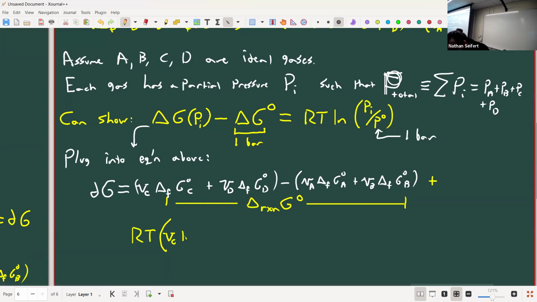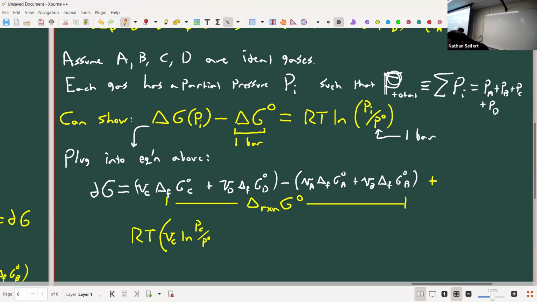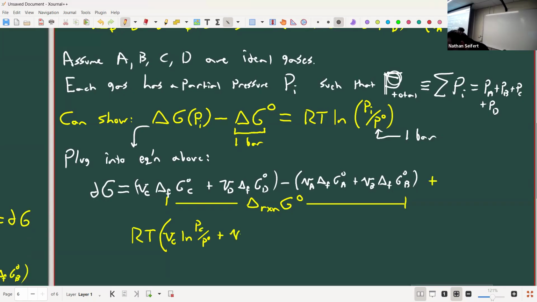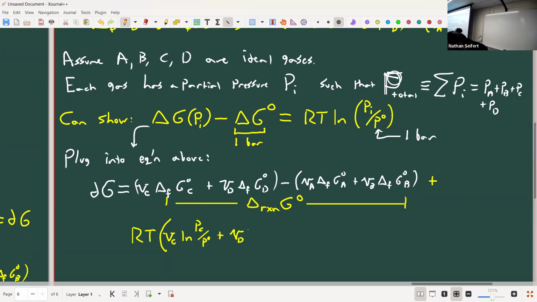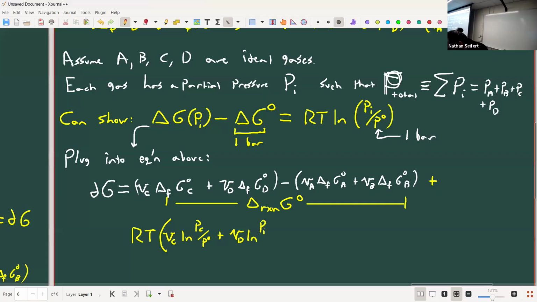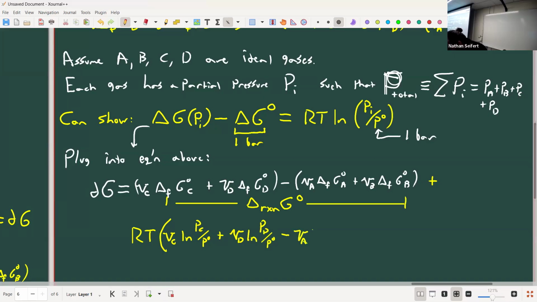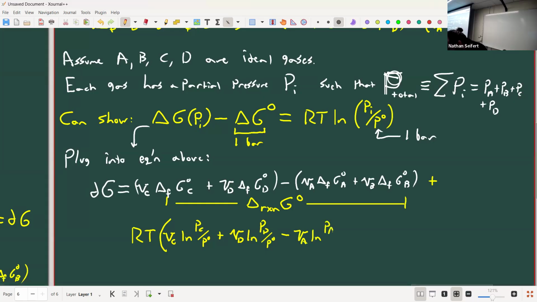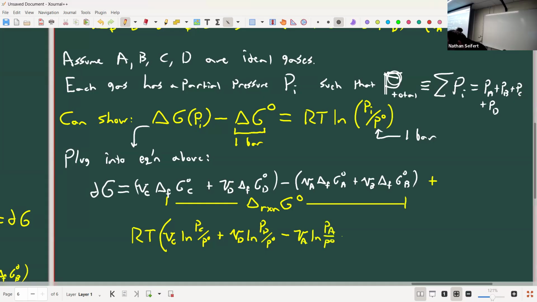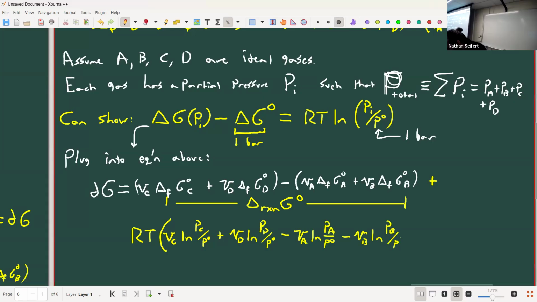Vc log of the partial pressure of C over the standard pressure, plus Vd log of the partial pressure of D divided by the standard pressure, minus Va log of PA over P naught, minus Vb log of PB over P naught.